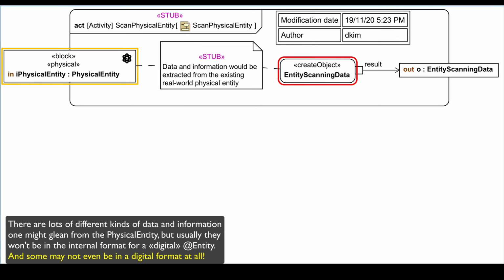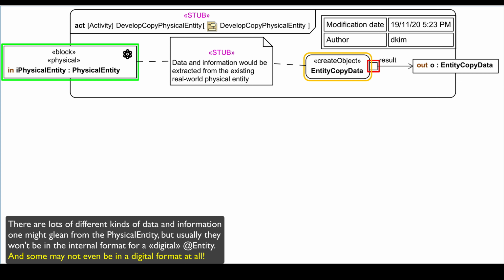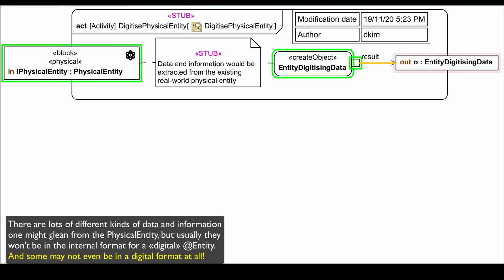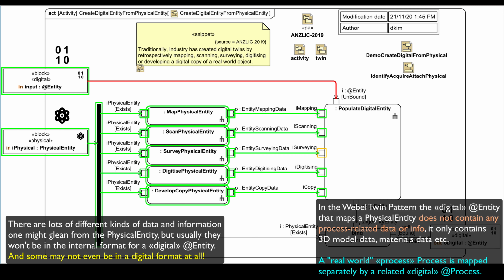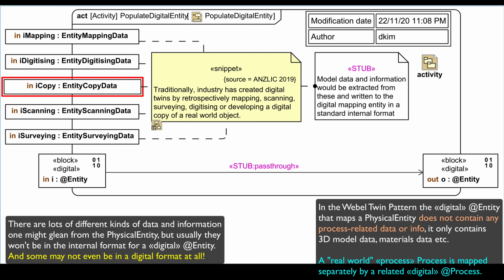These stub activities represent measuring, surveying, taking information about the physical entity, and then we send it to populate digital entity, where the information is extracted, and in the case of a digital entity mapping a physical entity, the information is translated to an internal format, but only information that is not process related. So there might be 3D model data, materials data, but process related information is handled separately.